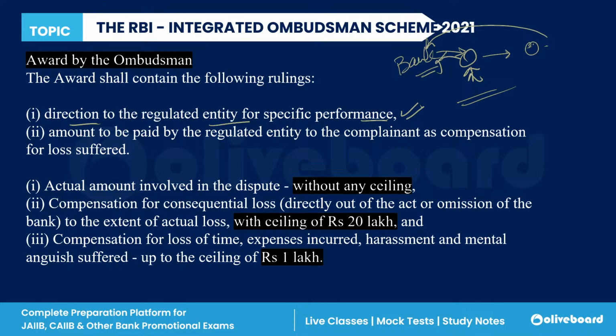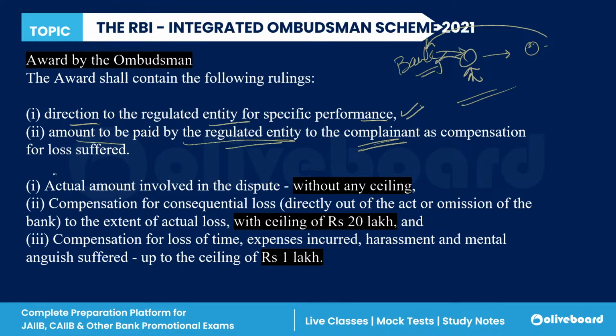Now the second thing is the amount compensation. The ombudsman can ask the regulated entity to compensate in this scenario. The amount can be paid by the regulated entity to the complainant as compensation for the loss suffered. Now, if we talk about this compensation, it has different limits.